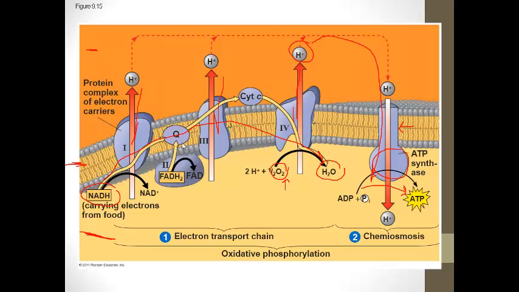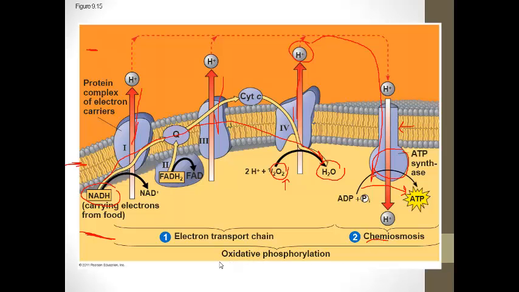So here you see two processes taking place. One is going to be the electron transport chain. The electron transport chain is used to make the proton gradient. Then that proton gradient is then used to make the ATP. Those protons diffusing down their gradient is called chemiosmosis.